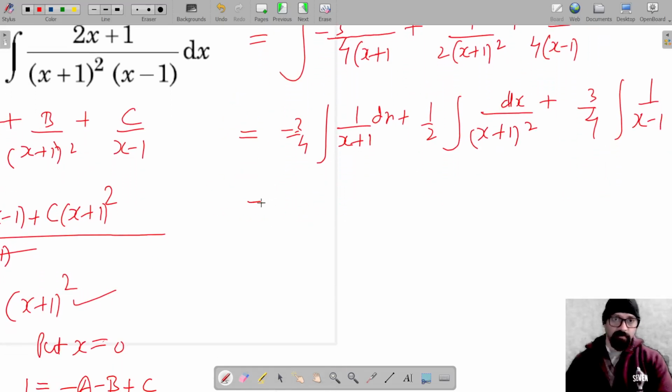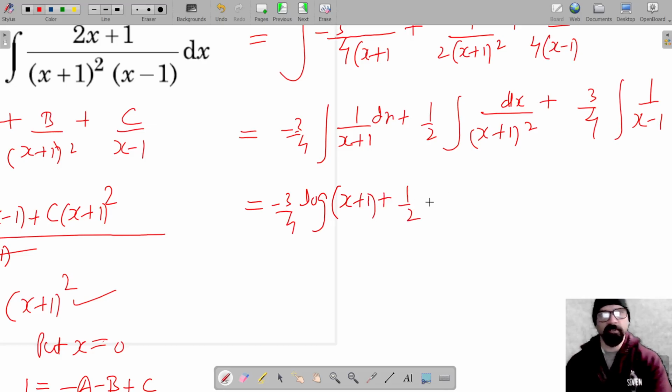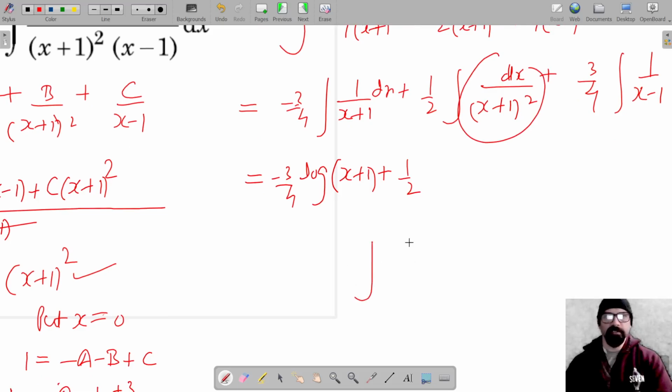Okay, so this is minus 3 by 4 into log of x plus 1. Now for x plus 1 the whole square, we have to integrate this.